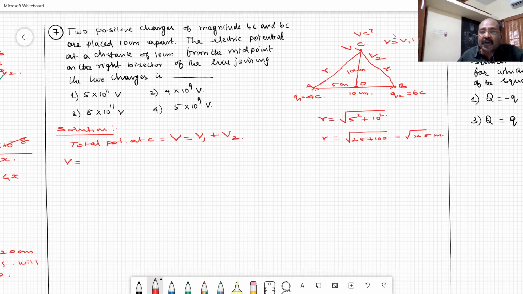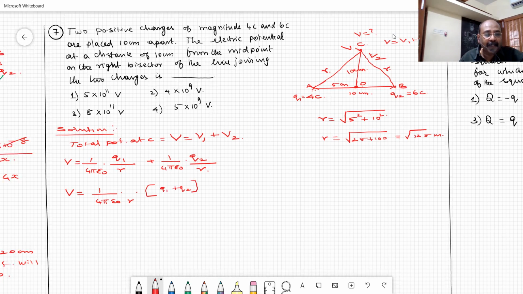Potential at C due to the first charge is given by the formula 1 divided by 4 pi epsilon 0 into Q1 divided by R, plus 1 divided by 4 pi epsilon 0 into the potential due to the second charge, Q2 divided by R. So the total potential V, take 1 divided by 4 pi epsilon 0 as common, and R can also be taken as common, multiplied with Q1 plus Q2.